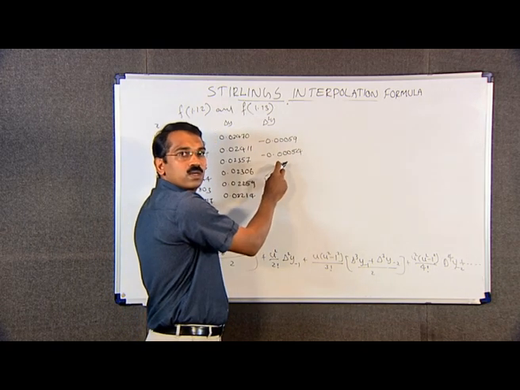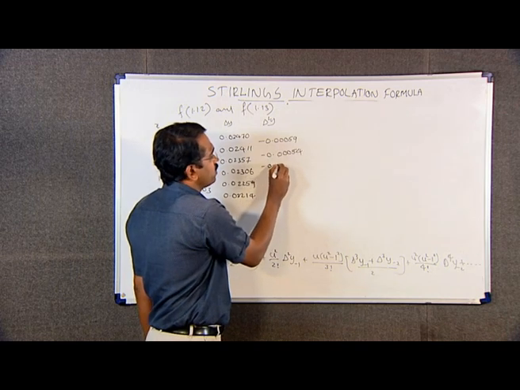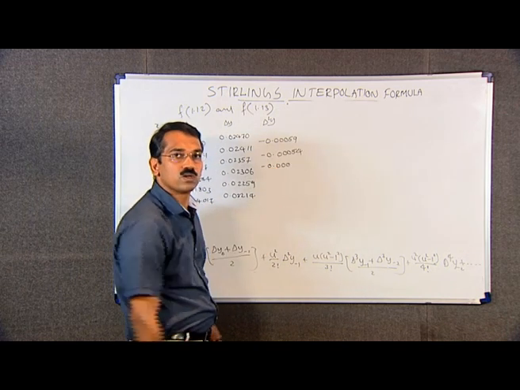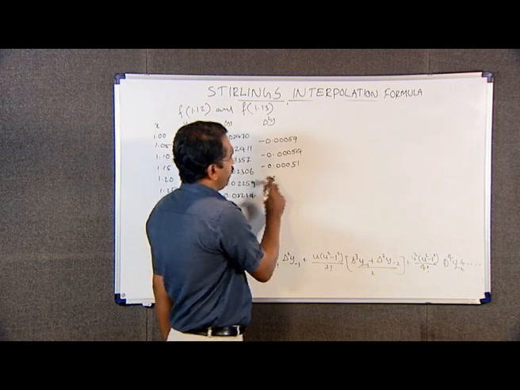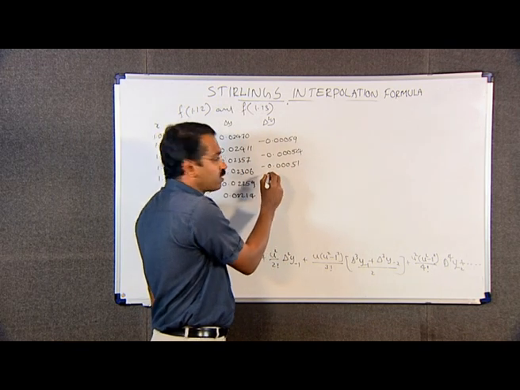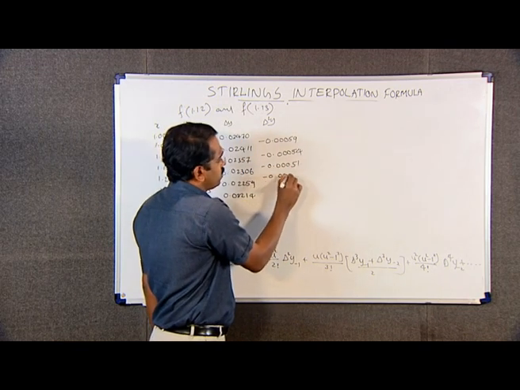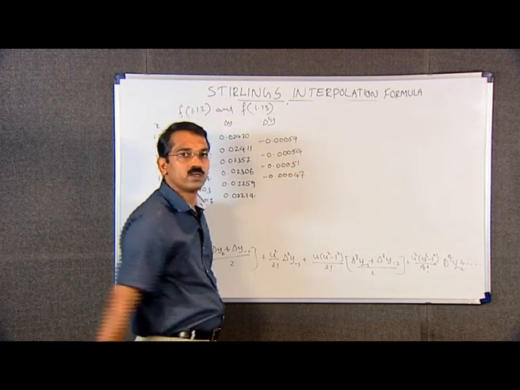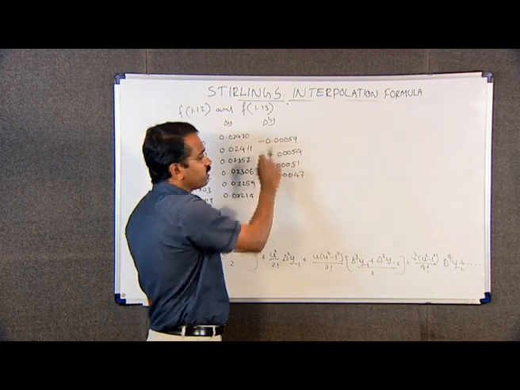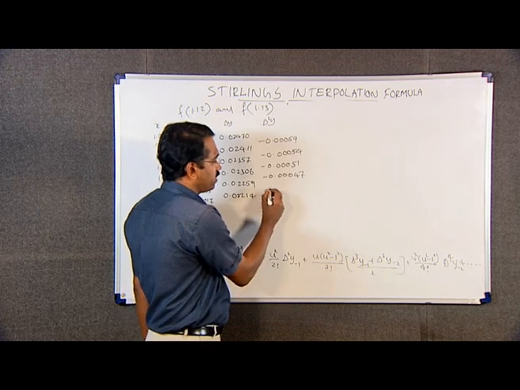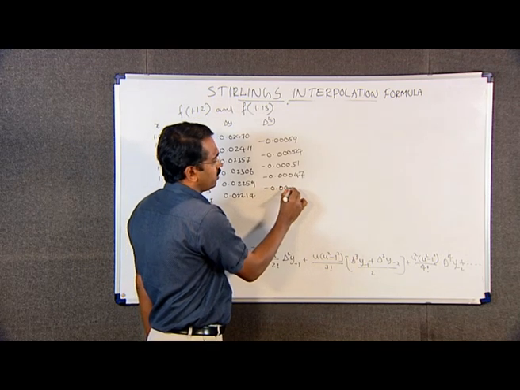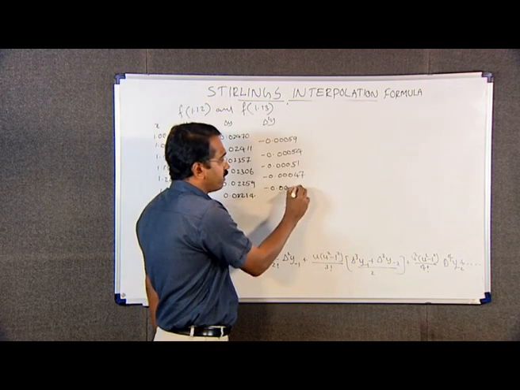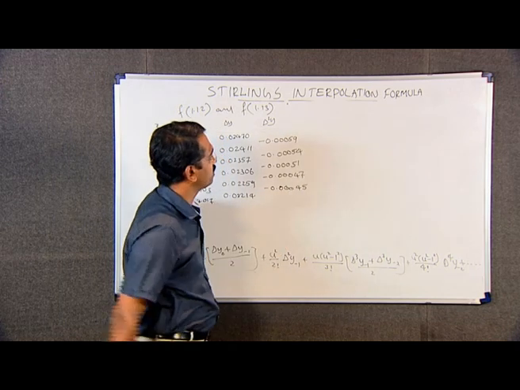Next is negative 0.00051. Next one is negative 0.00047, and the last second order difference is negative 0.00045. These are the second order differences.